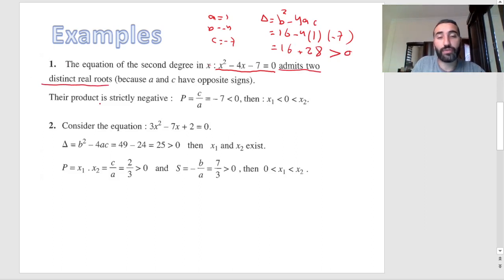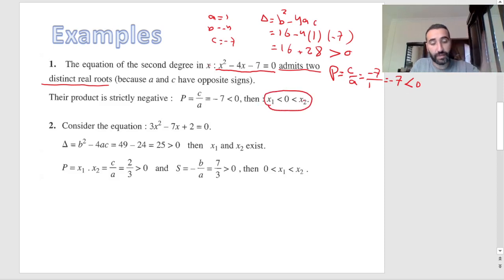Now let me see the product. What did the product come out to? The product equals C over A. So C over A is negative 7 over 1, which is negative 7. The product is negative. Since the product is negative, one of the roots is negative and the other one is positive, so x1 is less than 0, less than x2.